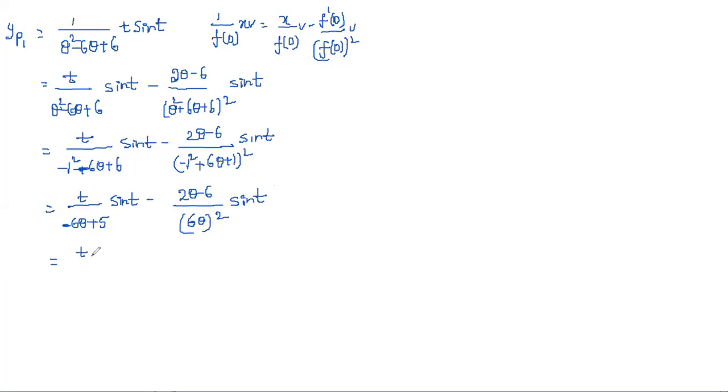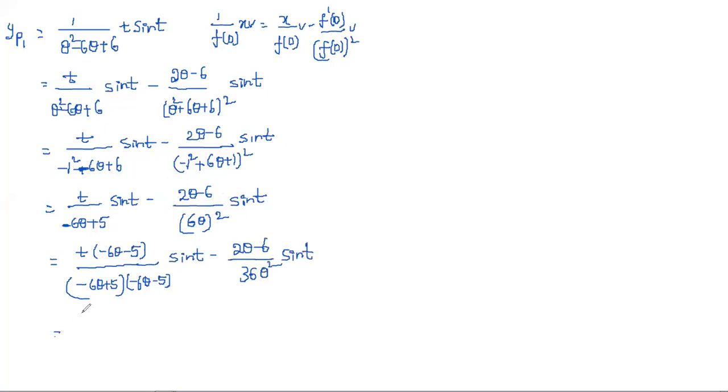So this is nothing but simply what we can do. We can apply rationalization. So if you apply rationalization, what will you get? Minus 6 theta minus 5 by minus 6 theta plus 5 into minus 6 theta minus 5, minus 6 theta minus 5 into sine t, minus 2 theta minus 6 by, so this is 6 square, which is nothing but 36 theta square sine t.